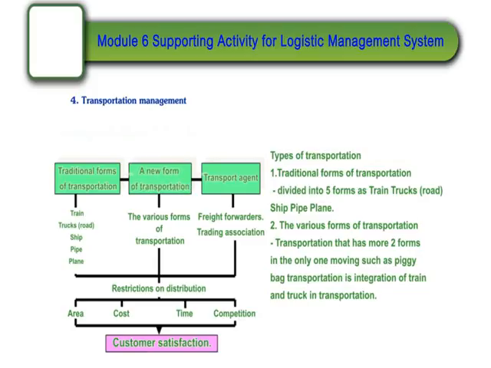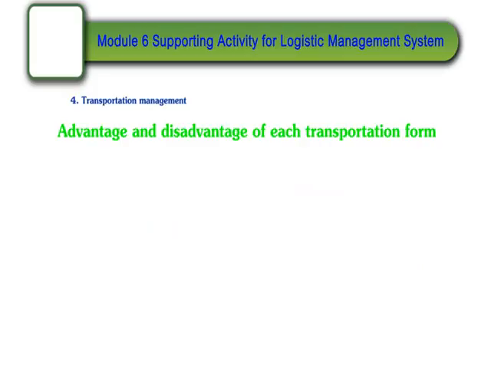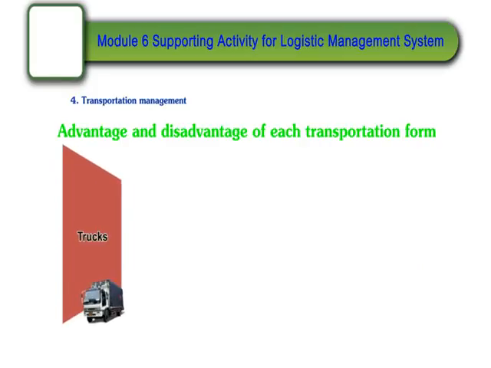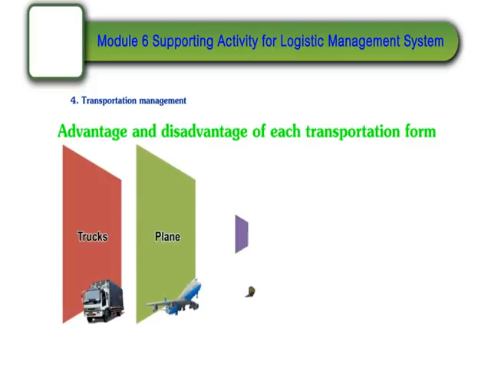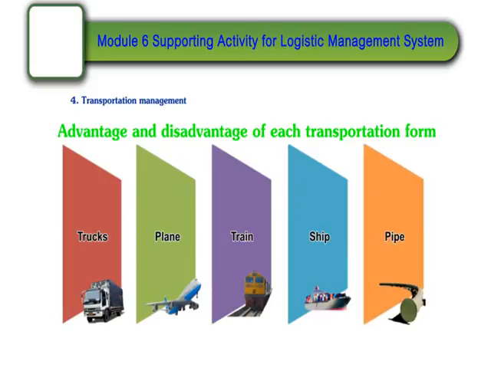Transportation that combines 2 or more forms in one movement, such as piggyback transportation, is the integration of train and truck in transportation. Advantages and disadvantages of each transportation form. Number 1, trucks. Number 2, plane. Number 3, train. Number 4, ship. Number 5, pipe.